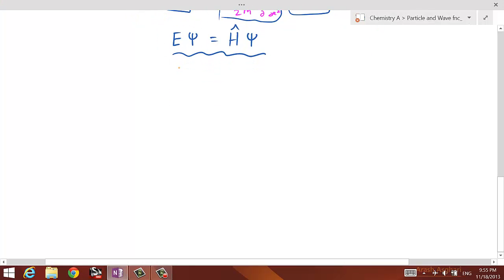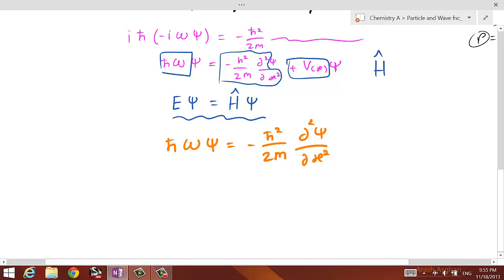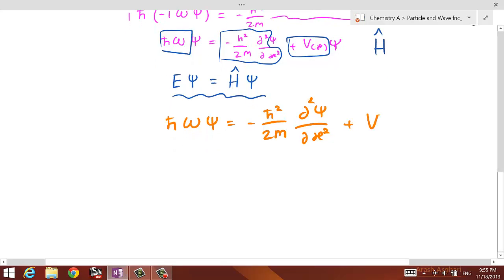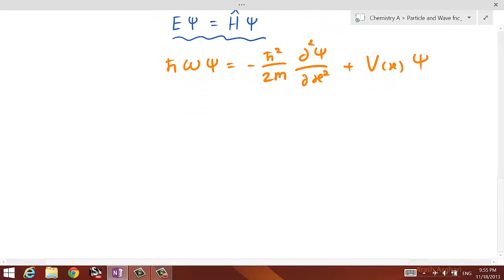And if I expand this thing out, I will get h bar omega, my wave function, equal to minus h bar squared over 2m, my wave function differentiated two times by x, y, z, all the components, and then plus V(x), the potential energy of my wave function.